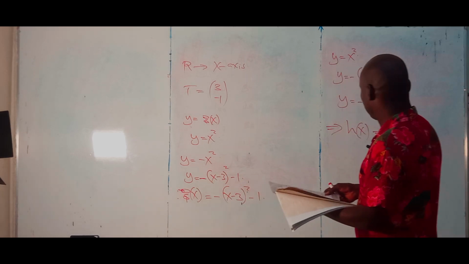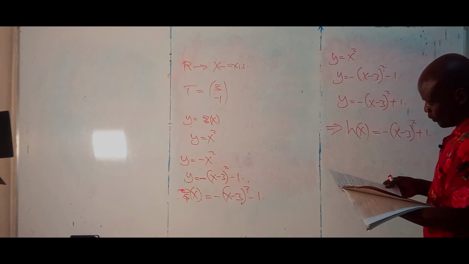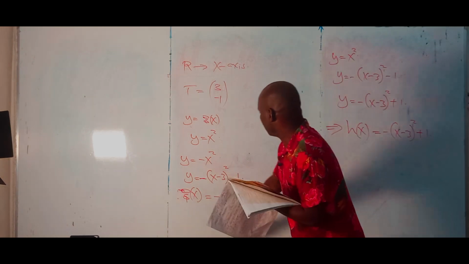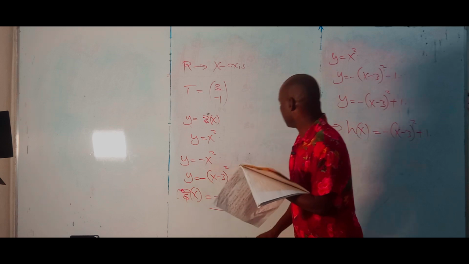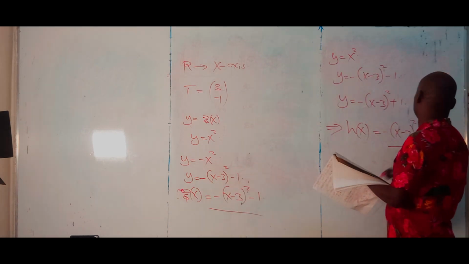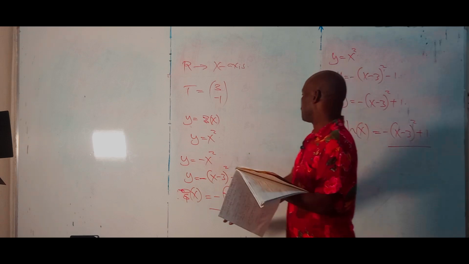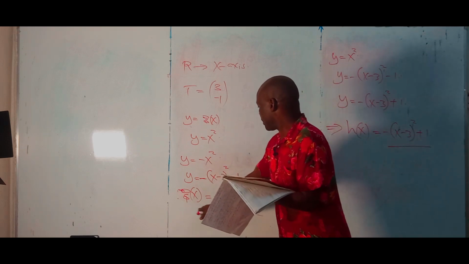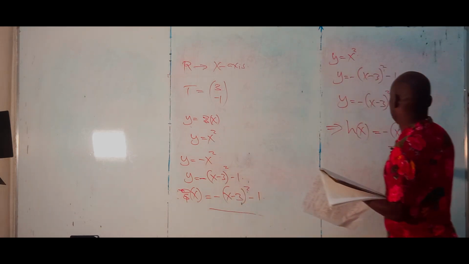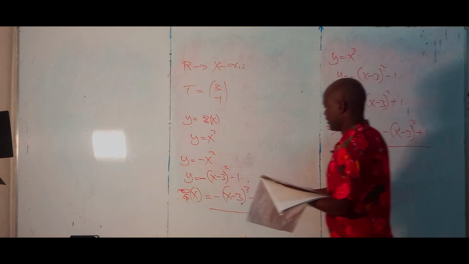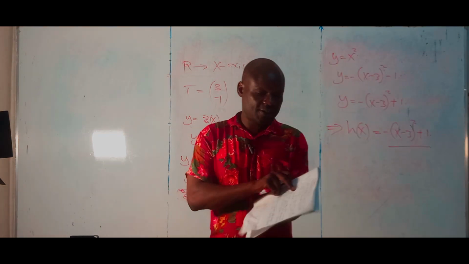So we need to state fully the transformation that maps this function into this function. The difference has to be seen in this and this.